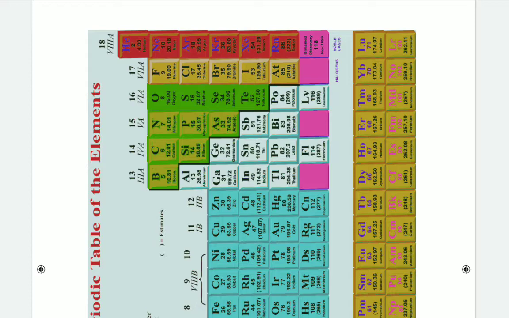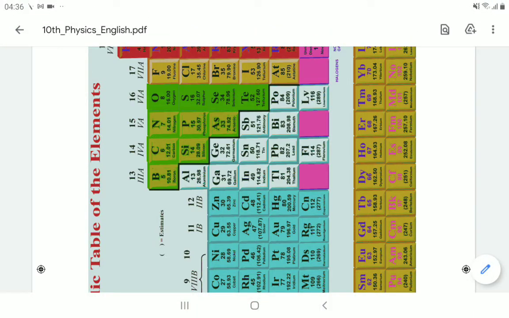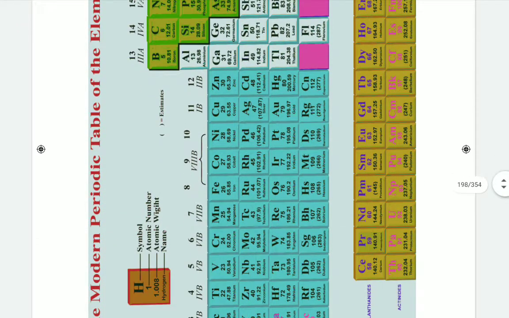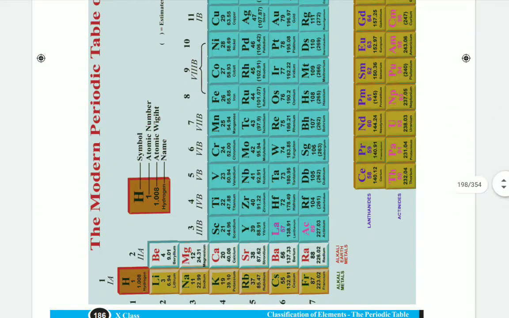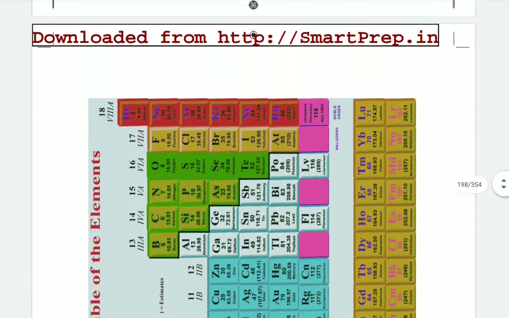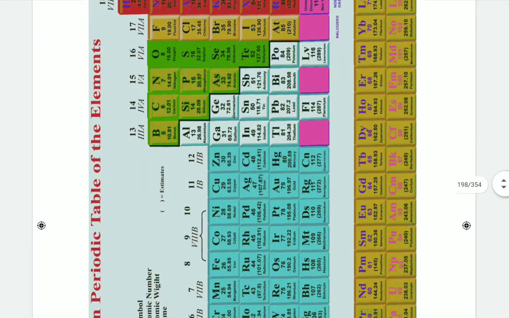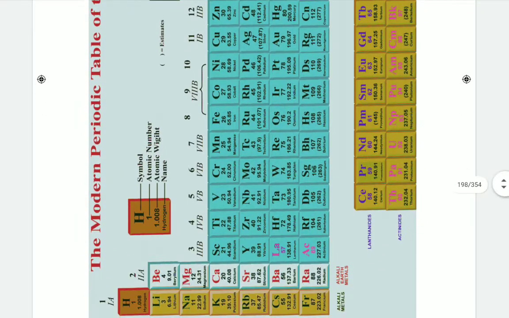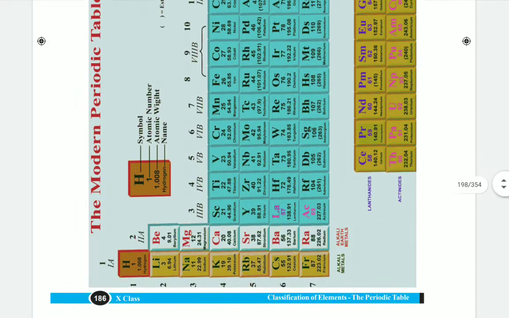So 1s1 and 1s2: the 1 is the main shell. These electrons belong to the first main shell, so hydrogen and helium are present in the first period.